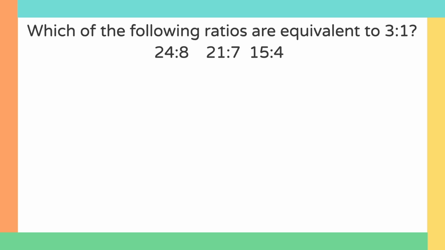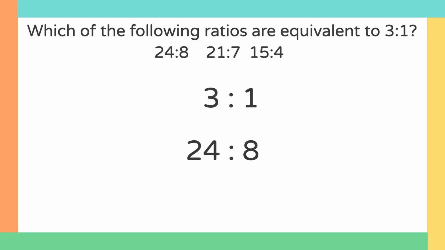Which of the following ratios are equivalent to 3 to 1? 24 to 8, 21 to 7, or 15 to 4? Let's compare the ratios one at a time. First we have 3 to 1 and 24 to 8. Let's try comparing them another way. We know that multiplying both parts of a ratio by the same number creates an equivalent ratio.